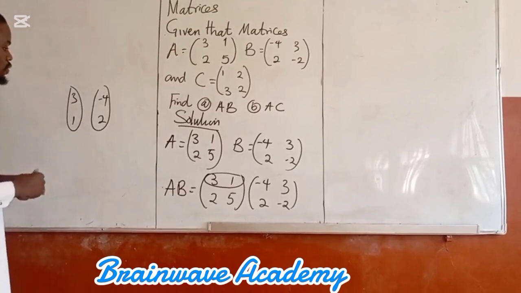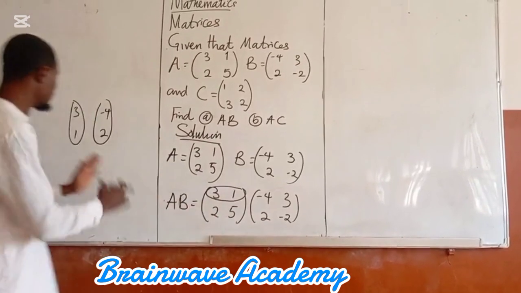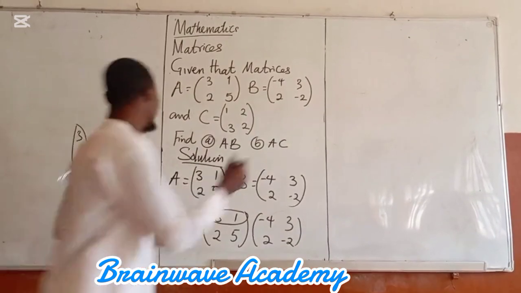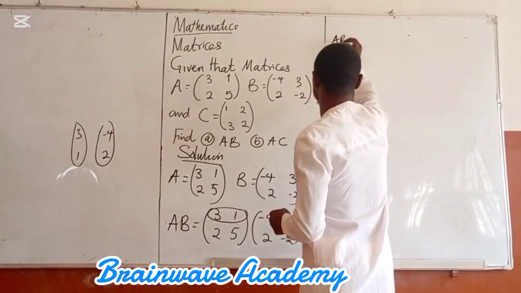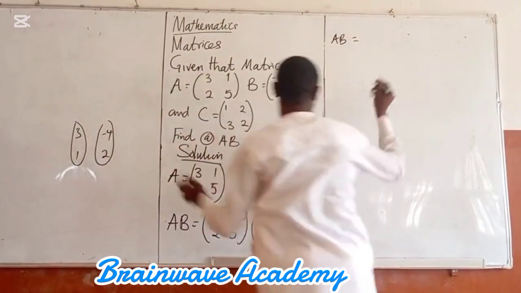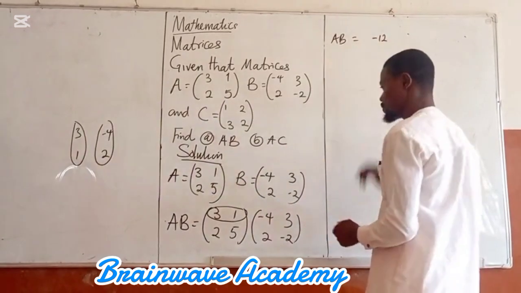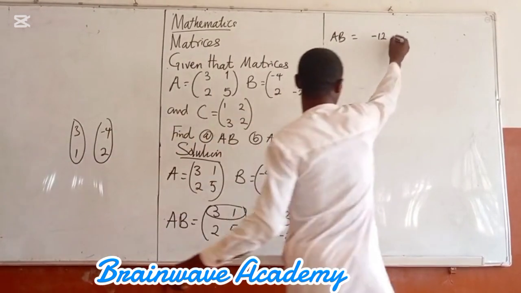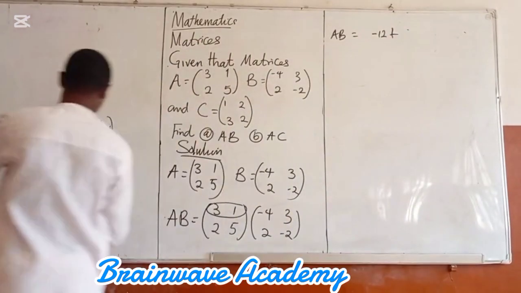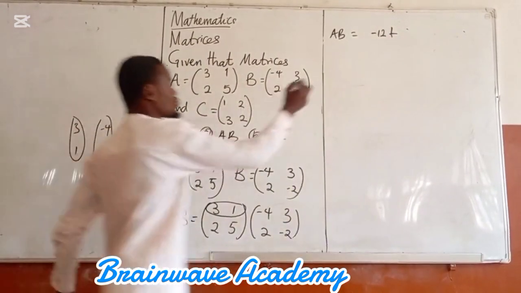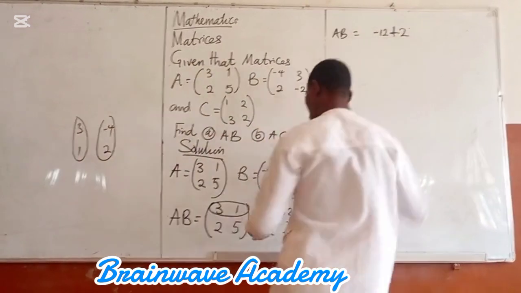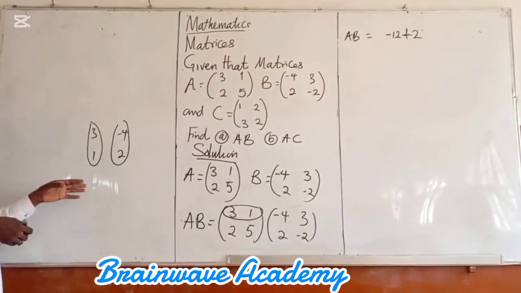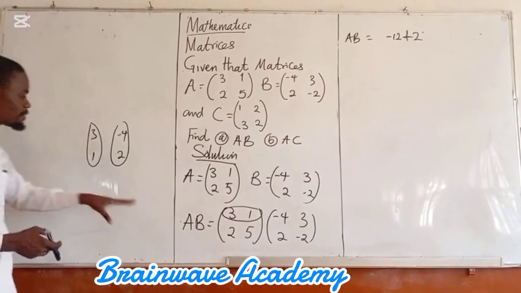These are the rows, this is the column. 3 times -4 is -12, plus 1 times 2 is 2. I'm done with the first column.